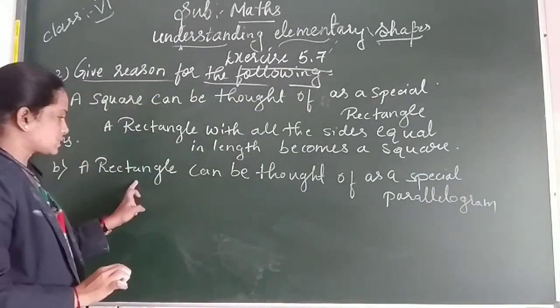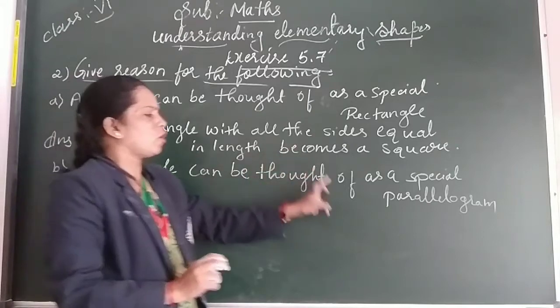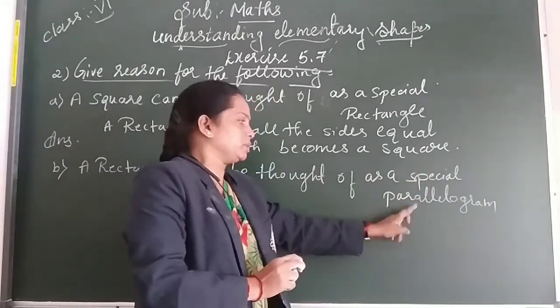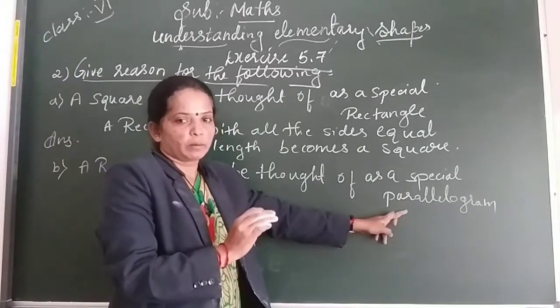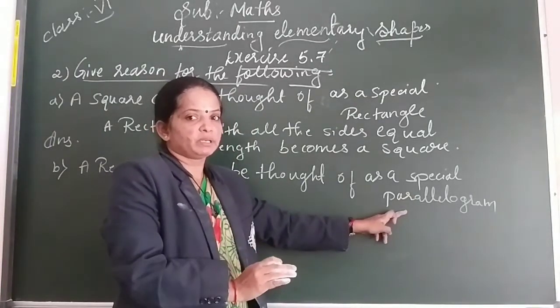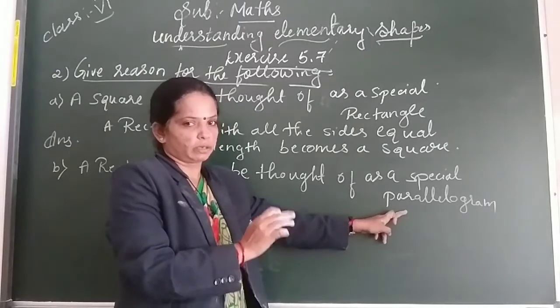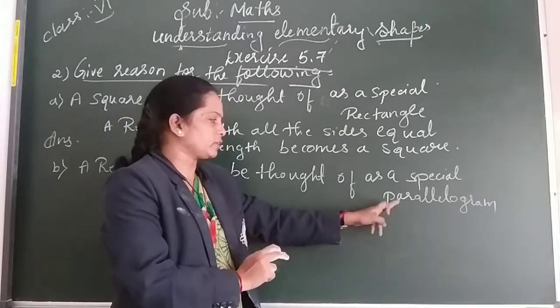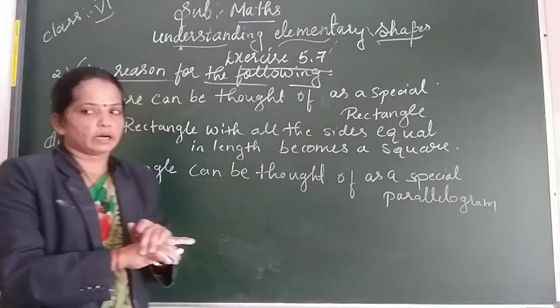Next one: a rectangle can be thought of as a special parallelogram. Yes, in a parallelogram, a pair of opposite sides are parallel to each other. If each angle made by the parallelogram is a right angle, then we can call it a rectangle.